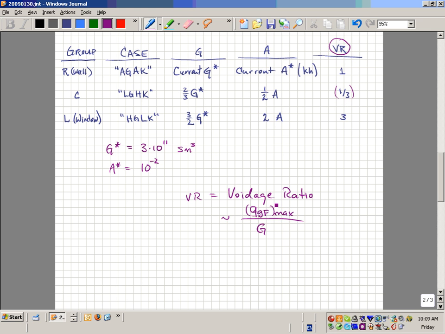Yeah, because this is, I think, equal to G times A. No, I've got it upside down here. Yeah, so it should be. So these should actually be reversed here.